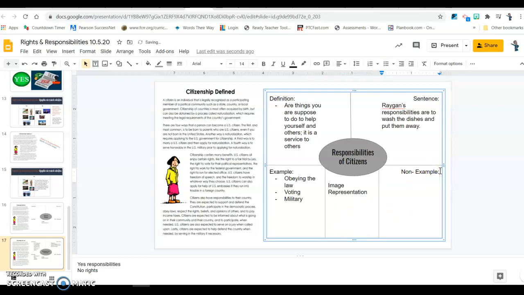We also came up with some non-examples. A non-example of being responsible is not cleaning your room. We also said that another example of not being responsible is not reporting to the Zoom on time.